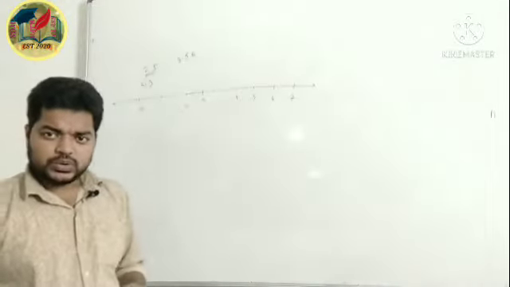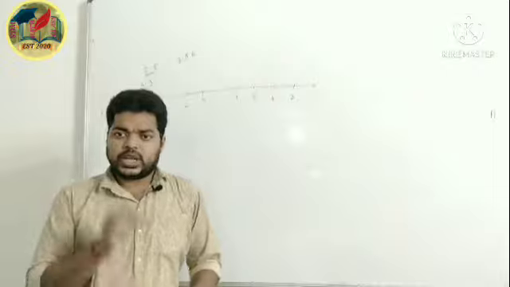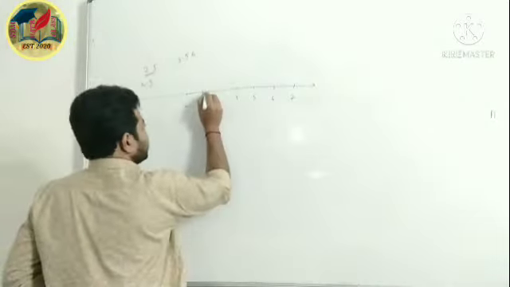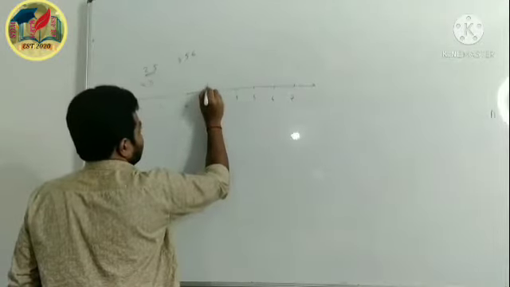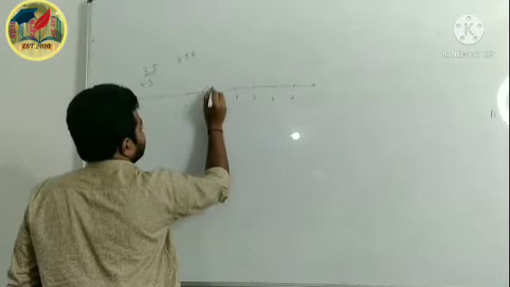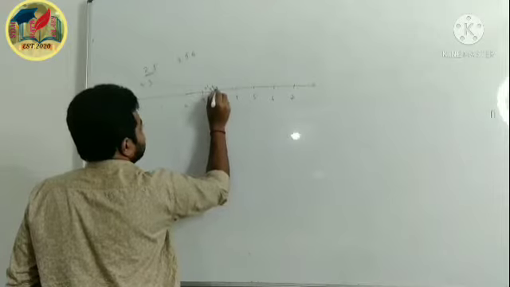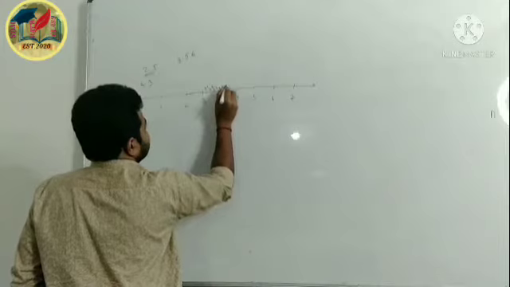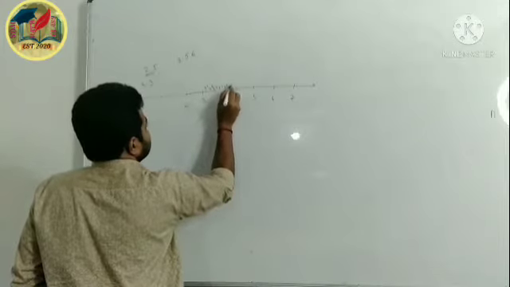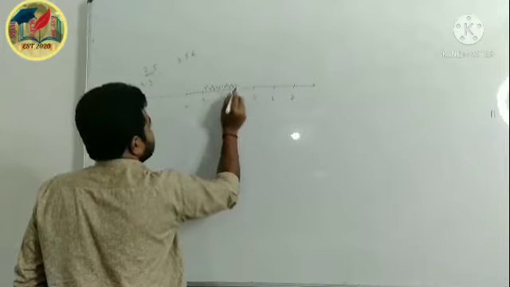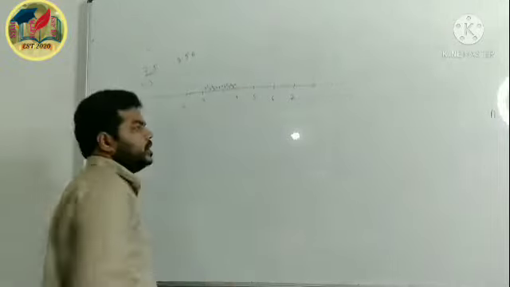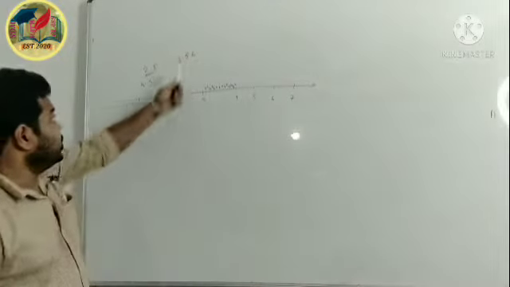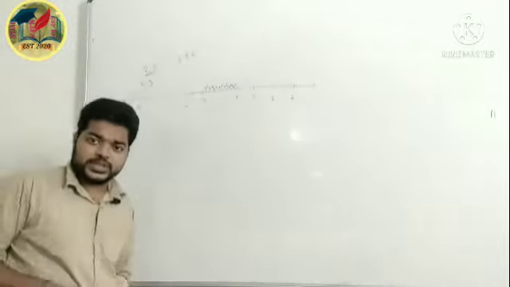Now we divide the line between 3 and 4 into 10 equal parts. So the points are 3.1, 3.2, 3.3, 3.4, 3.5, 3.6, 3.7, 3.8, 3.9 and then 4. Clear?